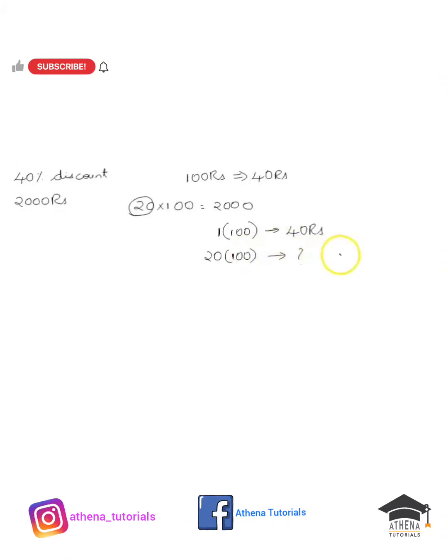It will be 20 into 40. For 100 it is 40 rupees, so for 20 hundreds, it will be 20 into 40, which will be 800. So 800 rupees will be the discount value.